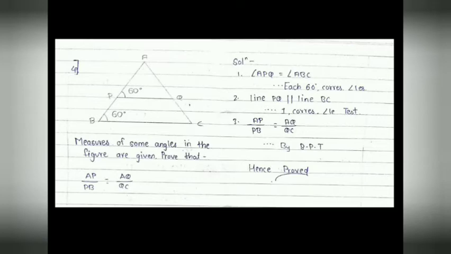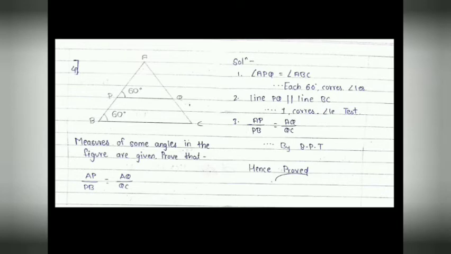angle B is also 60. Measures of some angles in the figure are given. So we have to prove this part: AP upon PB is equal to AQ upon QC. Okay. For that, what do we need? See here, this angle P and angle B, both these are corresponding angles. And if the corresponding angles are congruent, then straightaway we can write this PQ and this BC, both these are parallel.